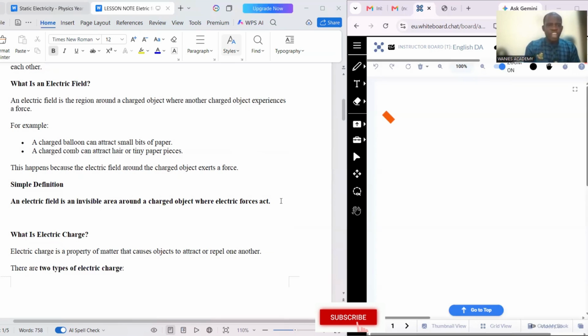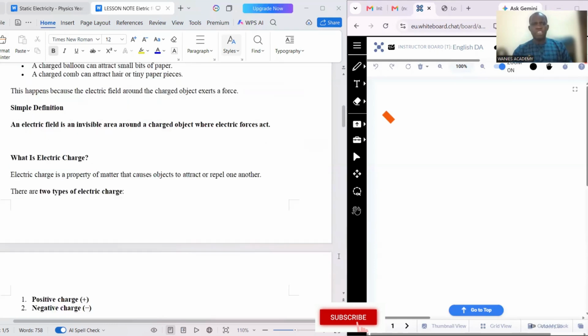Electric charge is a property of matter that causes objects to attract or repel one another. It's a property of matter. Matter is anything that has mass and occupies space or volume. Now, it has a property, a feature, a characteristic, and one of the characteristics is charge. Now, there are 2 types of electric charge.